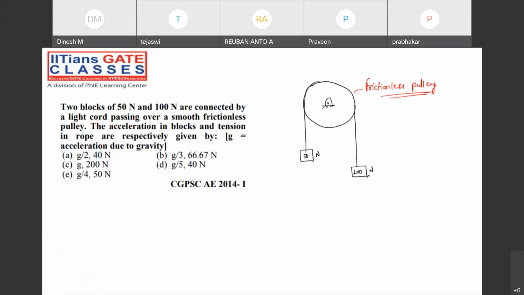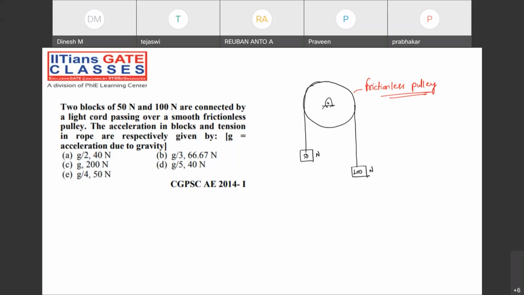Now, this is a very good problem for the dynamics that we can solve. So, do all of you want to try for 1 minute? Let me know. Tell me, guys. There is a method that I will discuss.